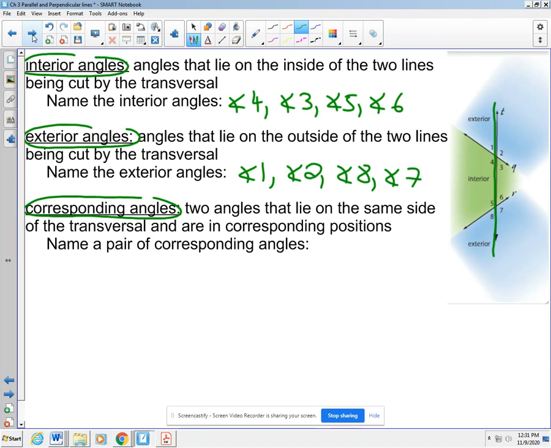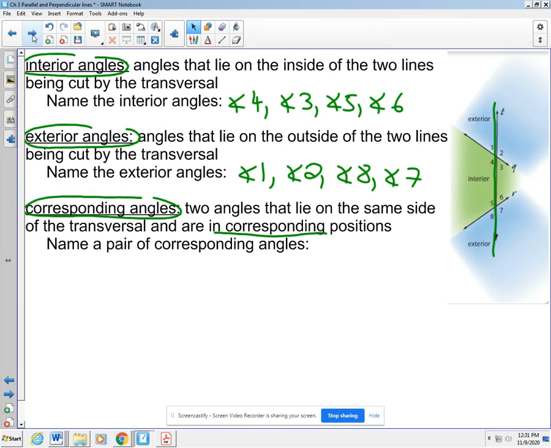Now, let's talk about corresponding angles. Corresponding angles are two angles that lie on the same side of the transversal and are in the corresponding positions. So they will use the word corresponding again, okay?